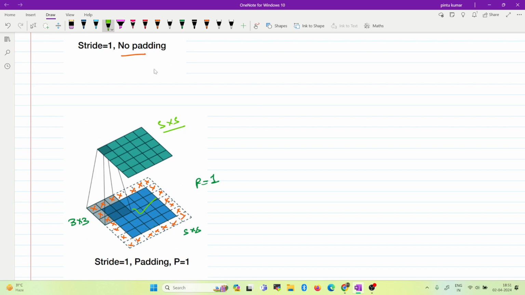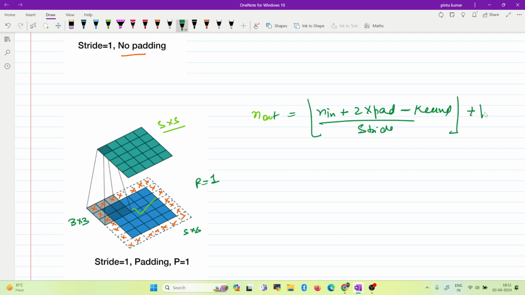Again, using the formula, what is N out? N out is N in plus 2 times pad minus the size of the kernel, divided by stride. Stride is again 1 over here, floor, plus 1. So what is N in? This is 5.